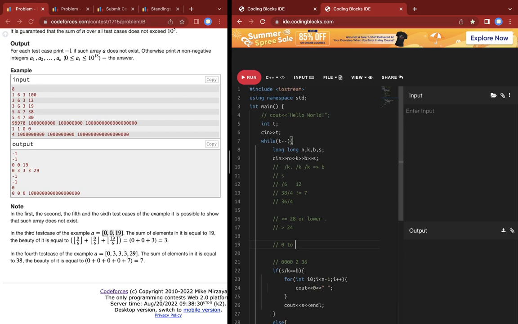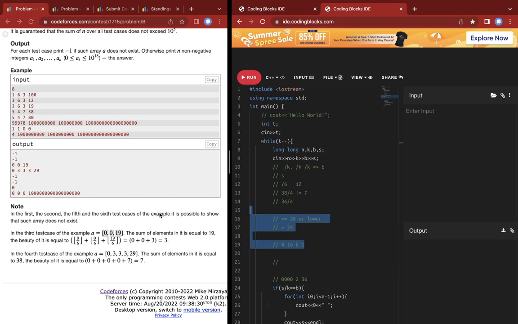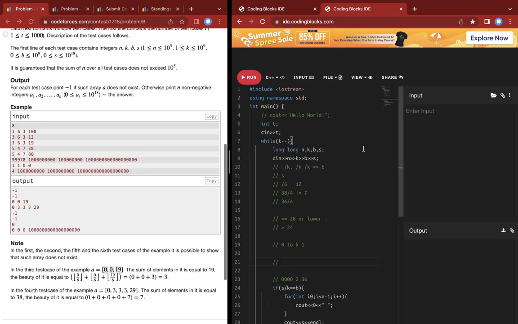So if k is something, then pick a number between 0 and k minus 1. And now we are making sure that the beauty is b. Now we just have to make sure that the sum is s, right? How can we ensure that we can make a sum s out of these?